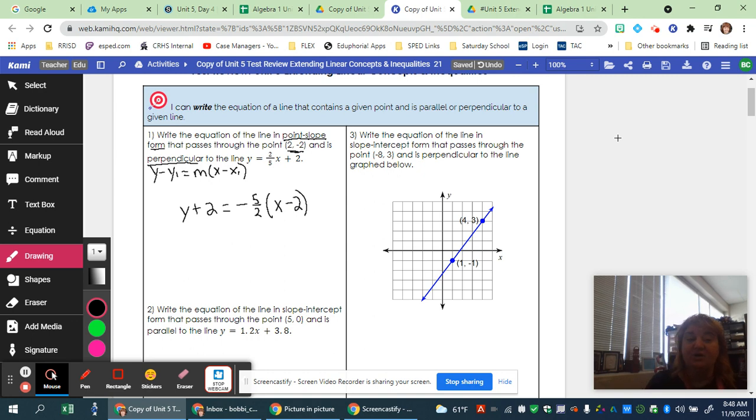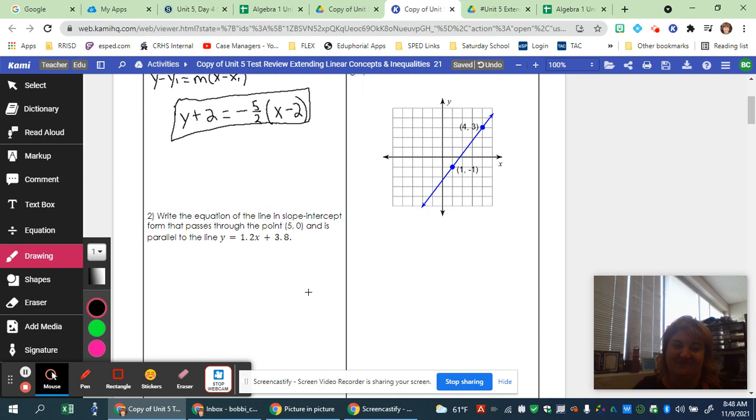Okay? So now that's all I need to do. I needed to just put it in point slope form. Now, if I needed it in slope intercept, I would have to do a little bit more, but that's it. I have it in point slope form. So there is my answer. Let's go to the next one.